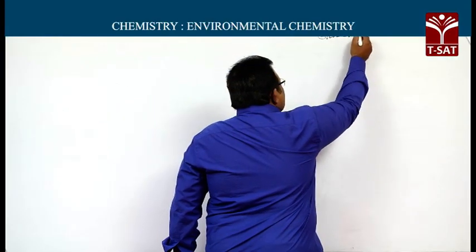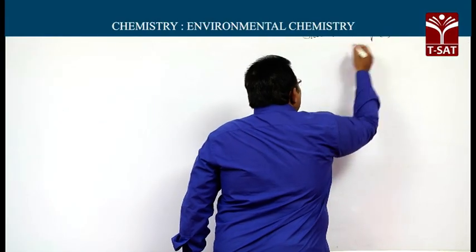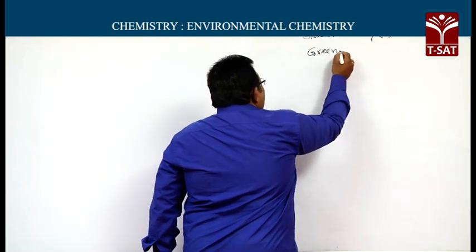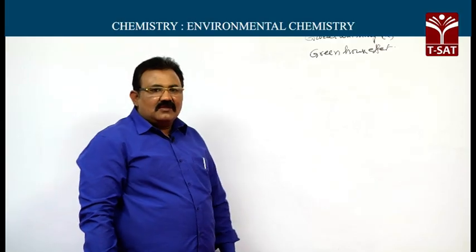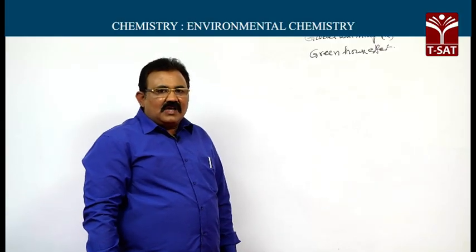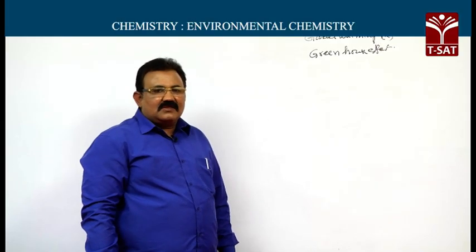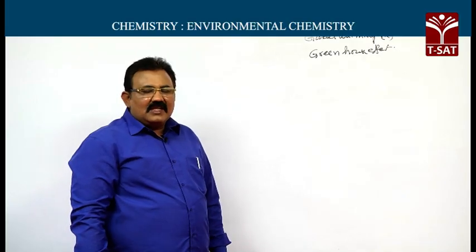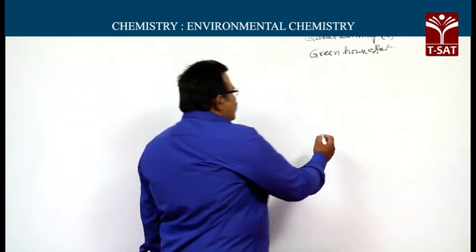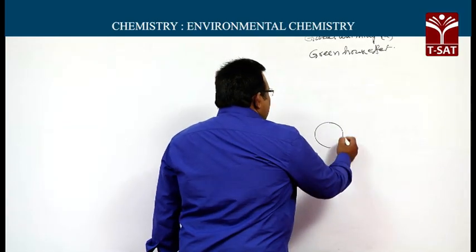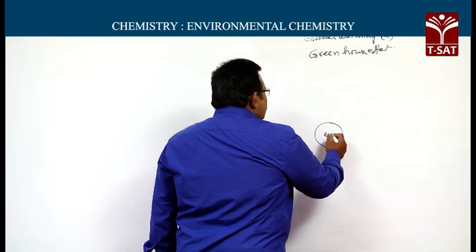Global warming or greenhouse effect: the progressive warming up of the earth's surface due to the pollutants is known as the greenhouse effect or global warming. Suppose this is the earth surface.